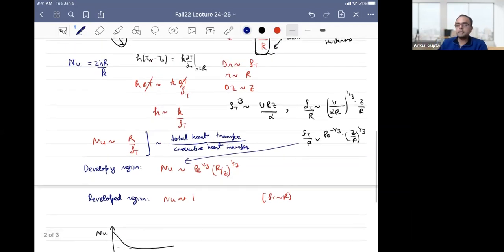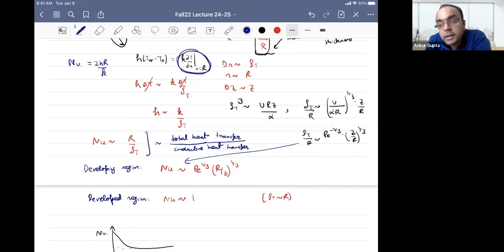If you look at this definition, the total heat transfer obviously becomes the numerator, which is this number k del T by del R here. Isn't it weird that I'm just using a conductive expression for total heat transfer? K del T by del R is not conduction, right? So how am I incorporating the effect of convection here at all? Isn't this just conductive heat transfer all the way?